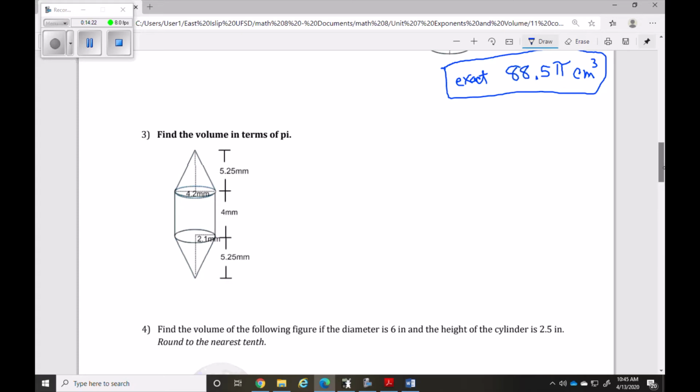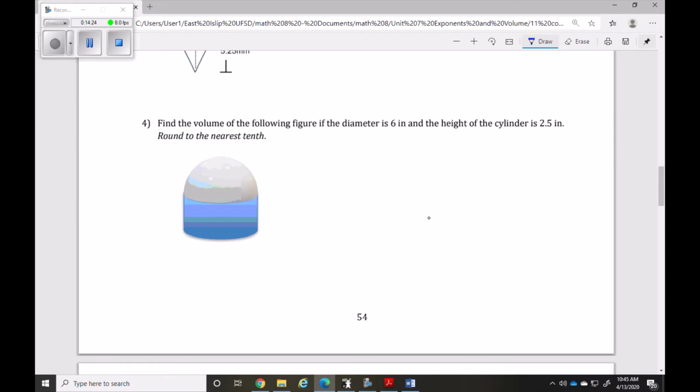Number 4 I want to do with you. So it's asking us to find the volume. It's not labeled on the picture, but in words it tells us that the diameter is 6 inches. So this is a cylinder down here that, like, you're not seeing the whole thing because it's a solid sheet.